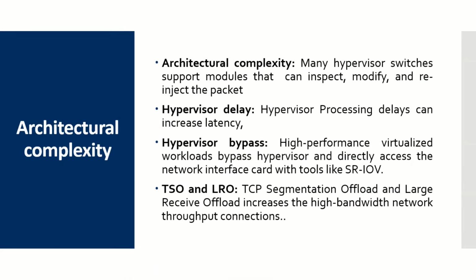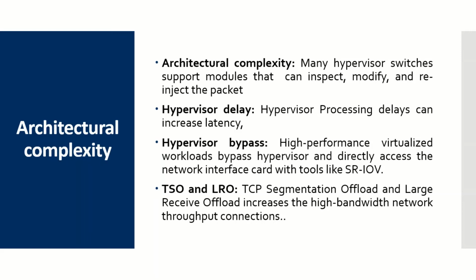The architectural complexity can be seen in the hypervisor switches that support an independent module with the ability to inspect, modify, and re-inject the packet. The hypervisor delay can be described as processing delays in the hypervisor that increase the latency.